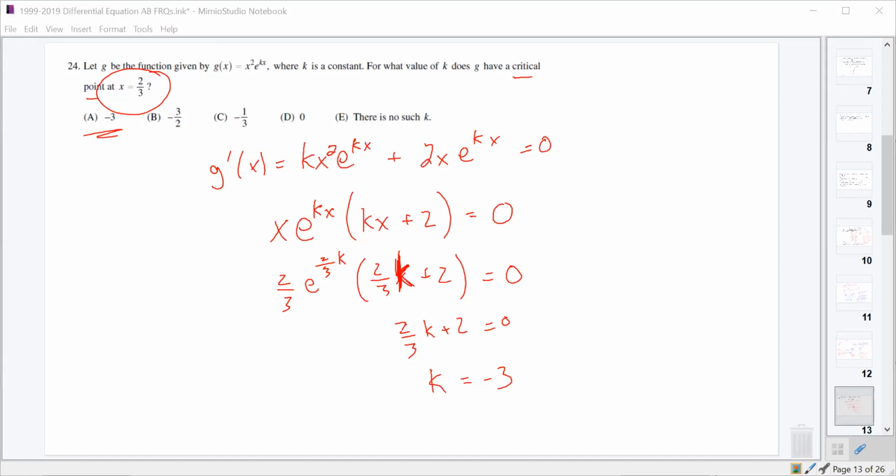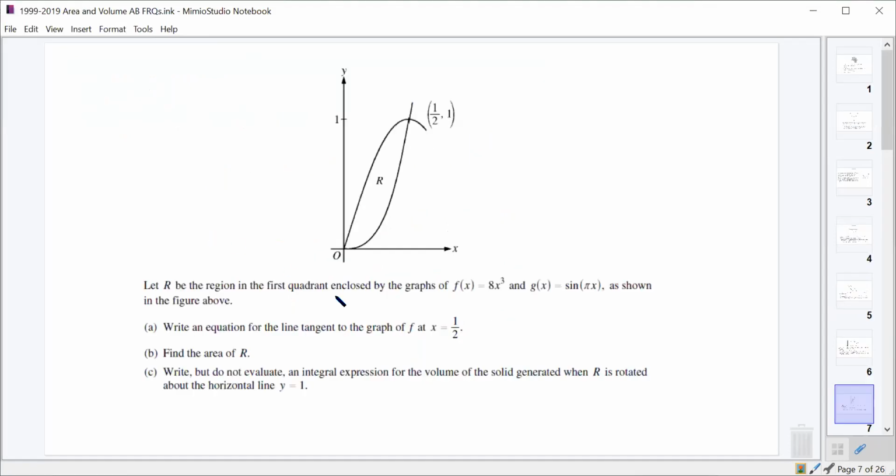Let's see if we can really quickly pull up an area or volume problem that we haven't done. Let's see if I can find one down here. Does this look like one we've done? I don't think we've done this one. All right, let's do this one then.